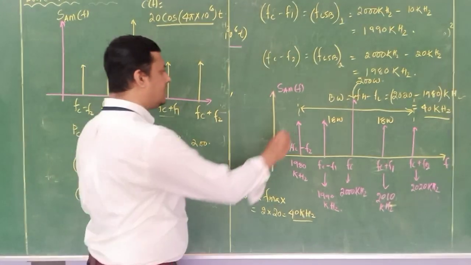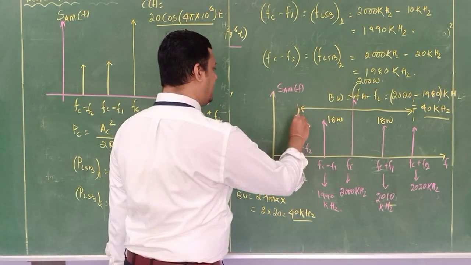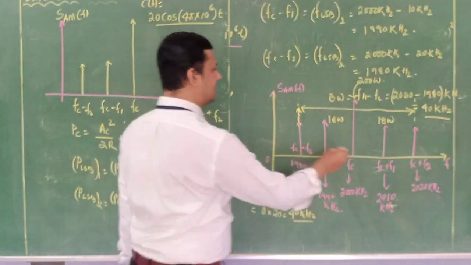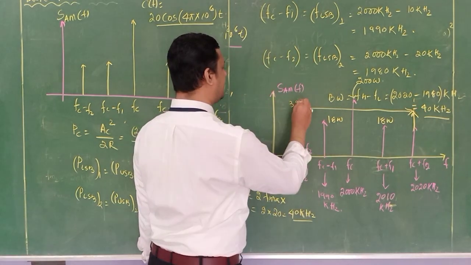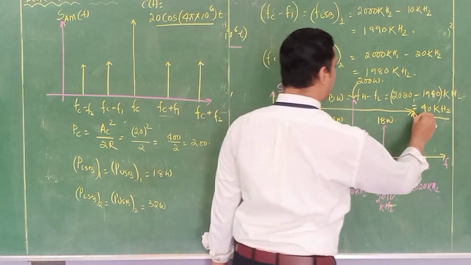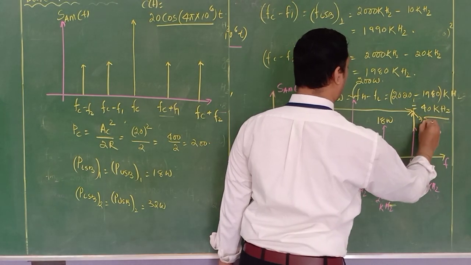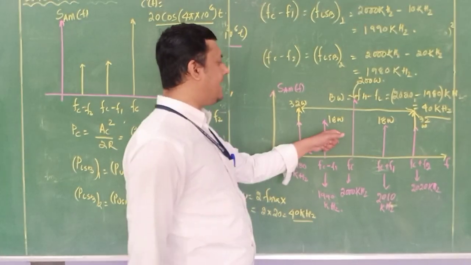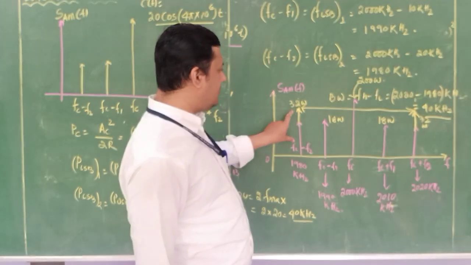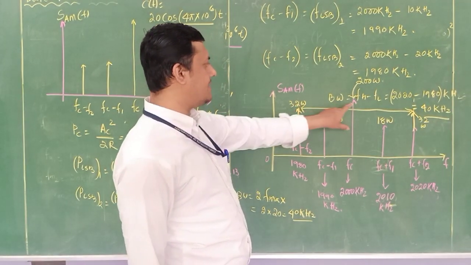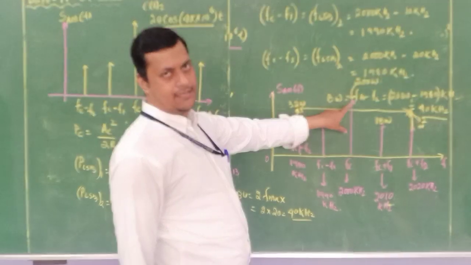So that means my amplitude will rise up to this much. So it is 32 watt and this is 32 watt. This 18 watt spectral amplitude is less compared to 32, and 32 is less compared to 200 watt.